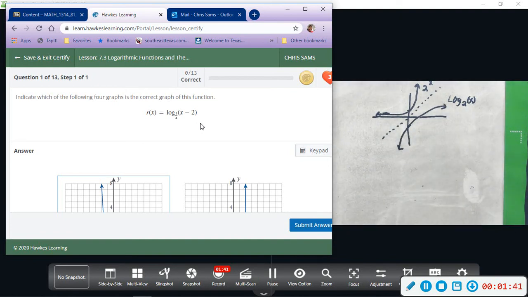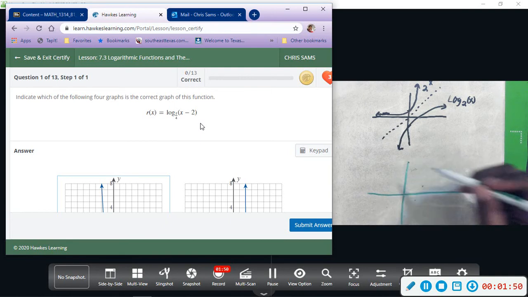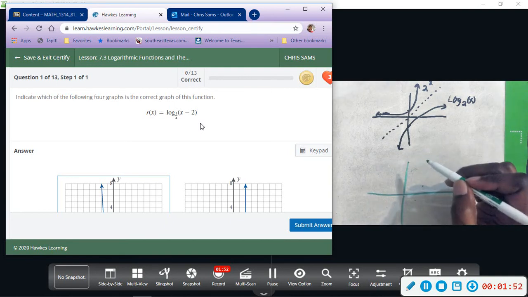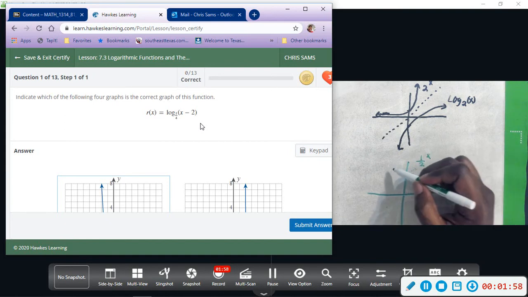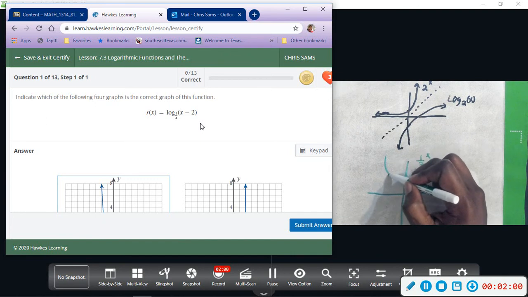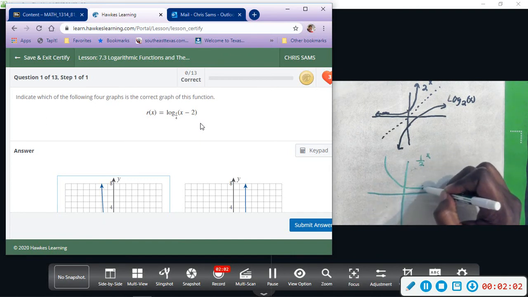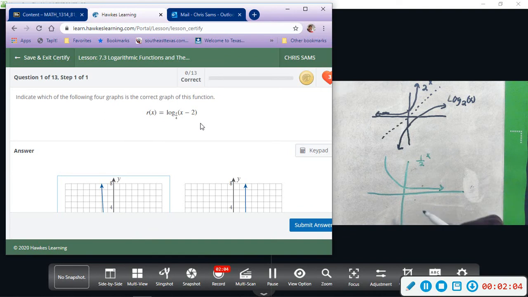Now we can also look at decay, and that will help us to answer these questions. So now exponential decay, if I had some number smaller than 1, let's say 1/2 to the x power. Okay, general shape, exponential decay goes this way and still goes through (0, 1).